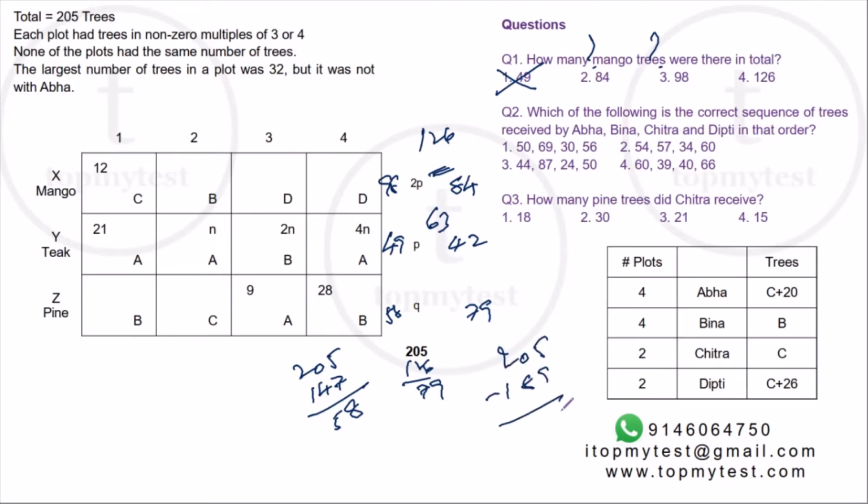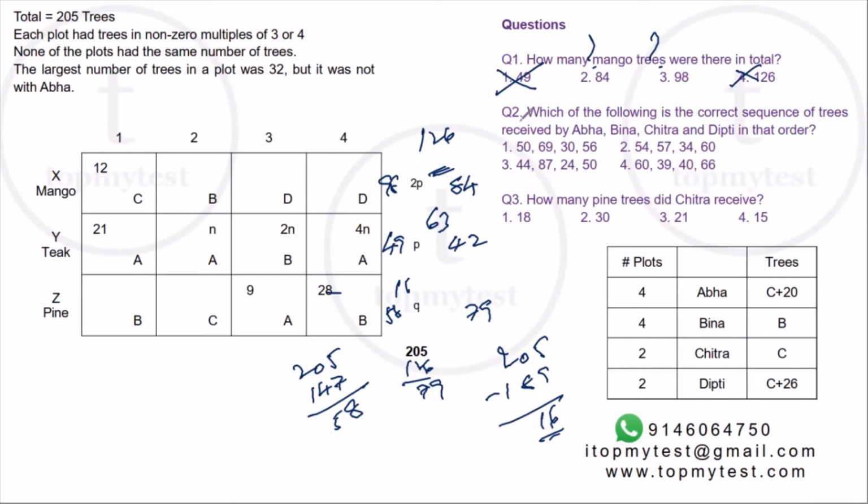Right, 6. So this will be 16. But 16 cannot be the number of trees in this because this is already 28 plus 9, 37. So 126 is not possible. So one of these two has to be the answer. Okay, we'll come back to this again.